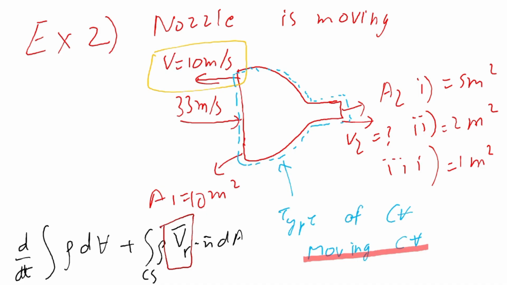So if you go through the simplifications like we did in the previous problem, you will find that your mass flux at the inlet should equal the mass flux at the outlet.